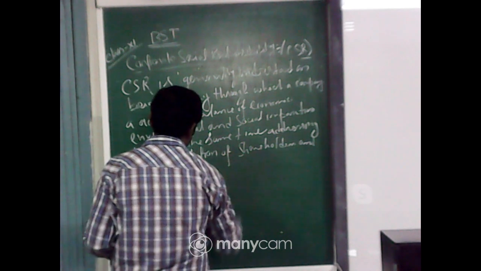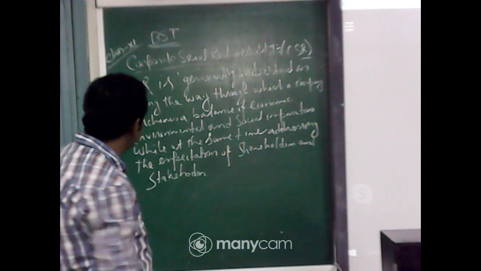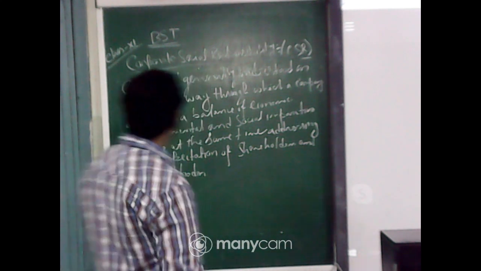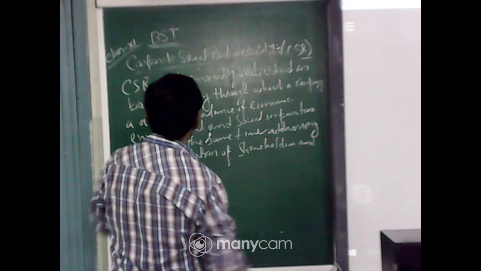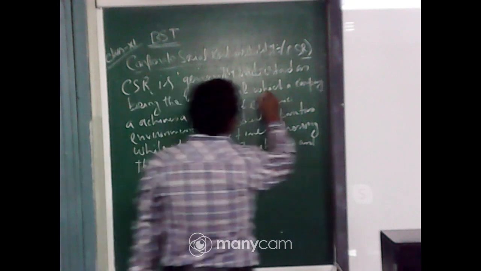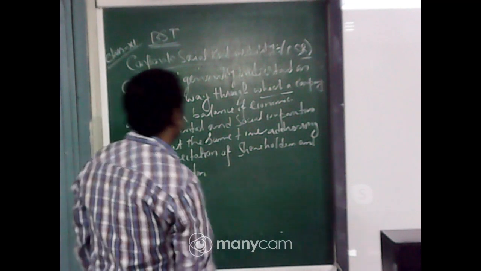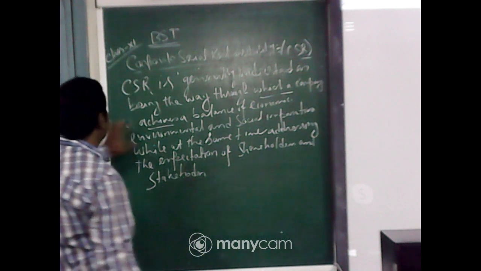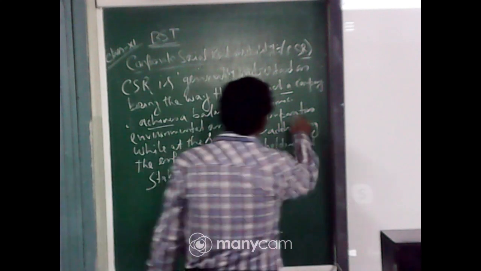Okay, now this is a general definition we derived from different renowned organizations: CSR is generally understood as the way through which a company achieves a balance of economic, environmental and social importance.